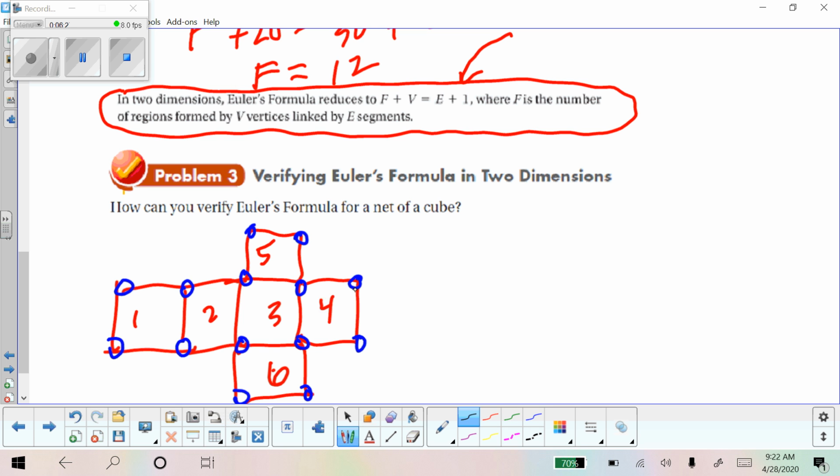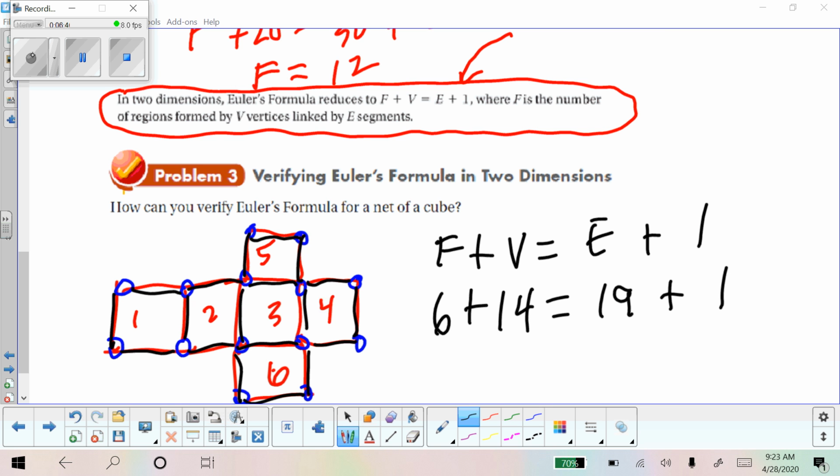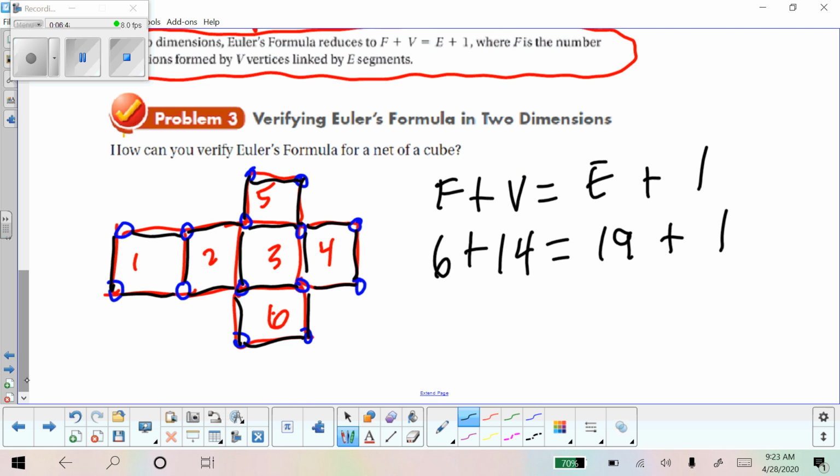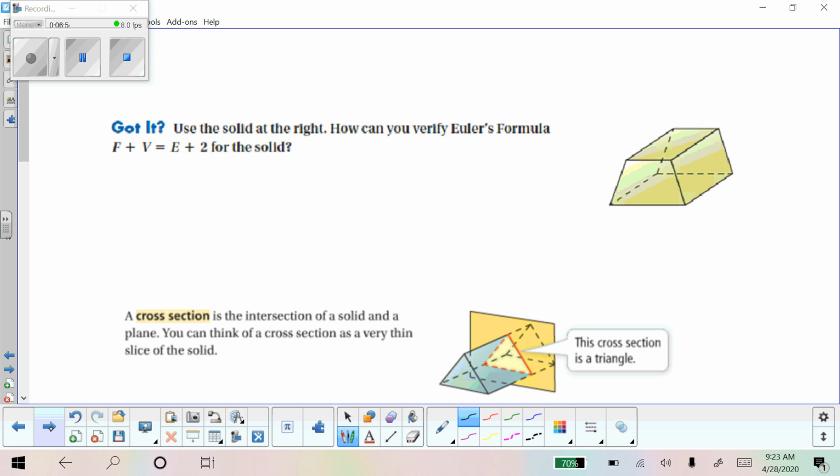Let's change colors for those. 1, 2, 3, 4, 5, 6, 7, 8, 9, 10, 11, 12, 13, 14, 15, 16, 17, 18, 19. And you can see that the count works out for that. All right, go ahead and verify Euler's formula here by counting up the number of faces, the number of vertices, and the number of edges, and showing that the formula works.